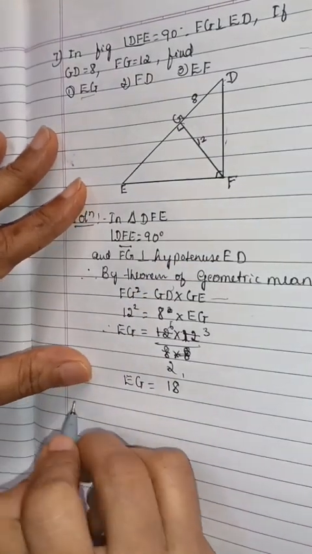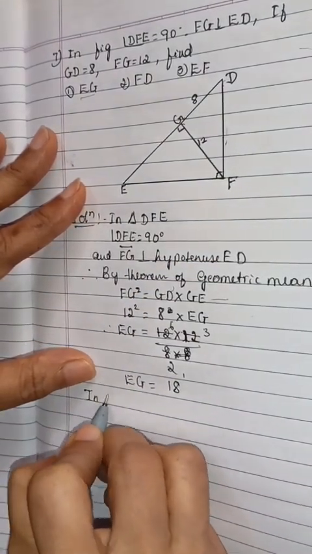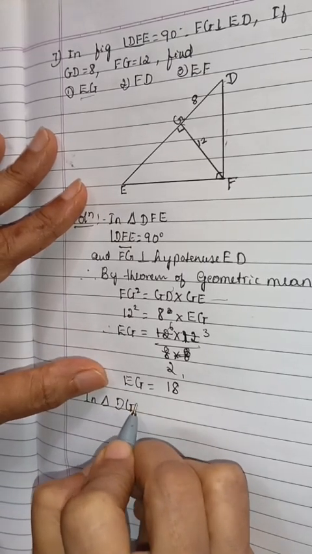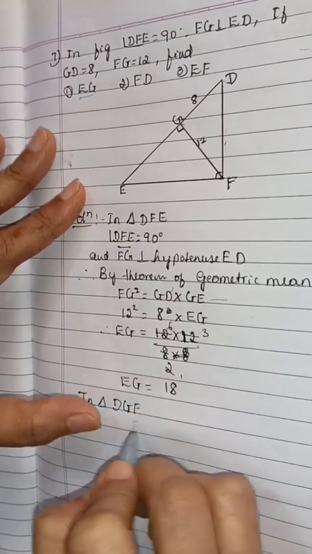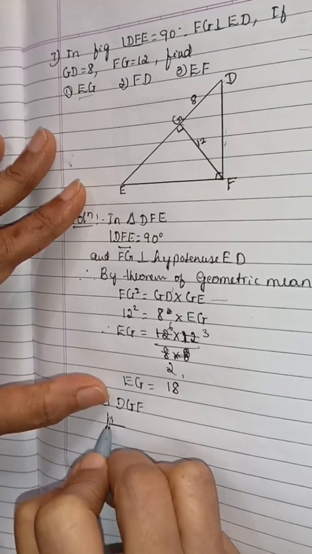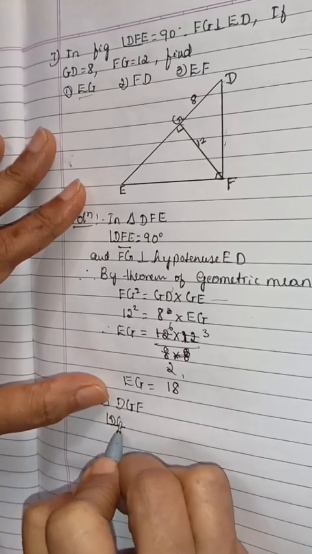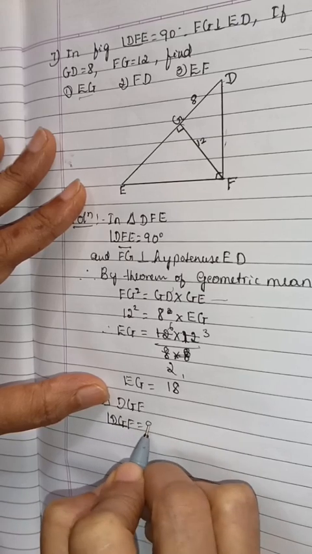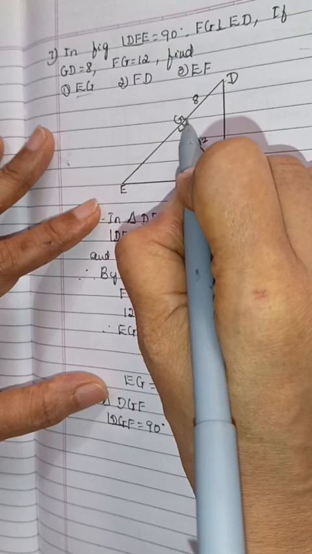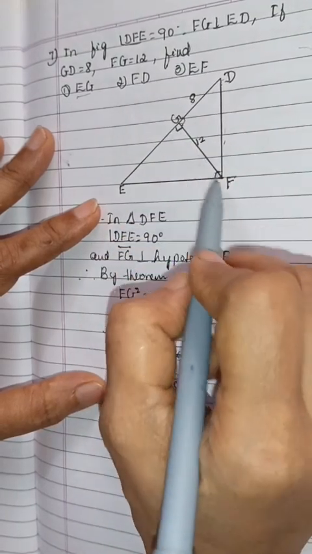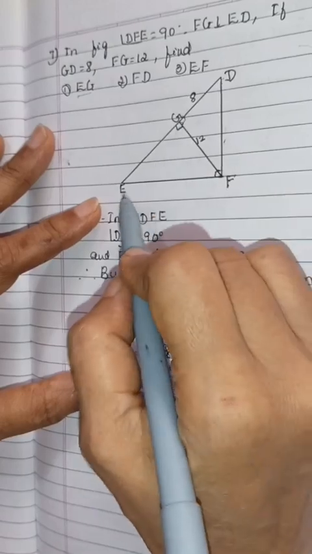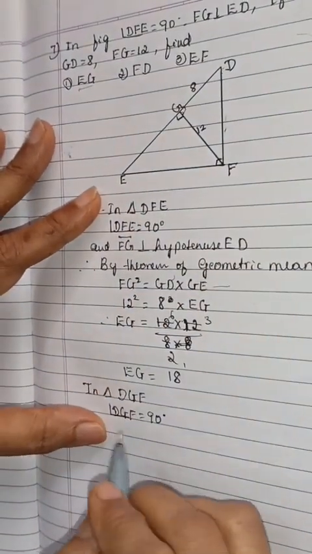Therefore in triangle DGF, angle DGF is 90 degree, because this is perpendicular to hypotenuse ED, okay, 90 degree.